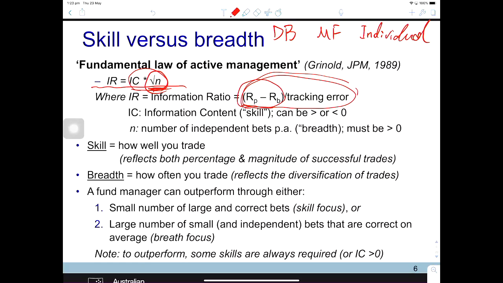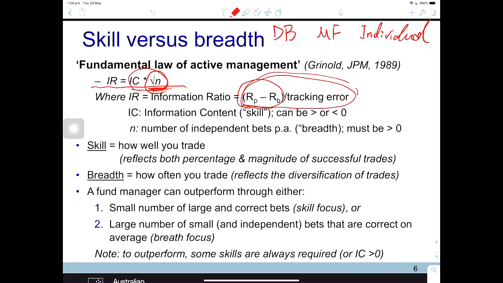But either way, you have to have some skill involved, because even the fund managers who are really trading on breadth, who do a lot of trades, still have their beliefs in there. It just takes a lot of bets to identify the correct skills, the right signals within the investment process.